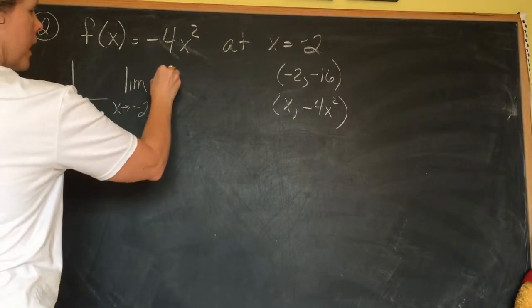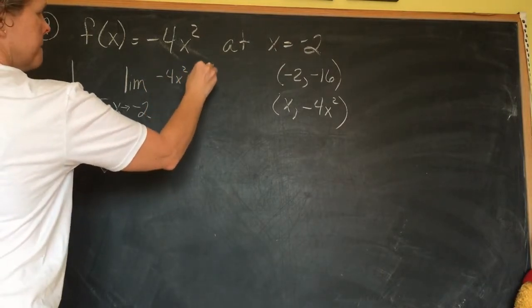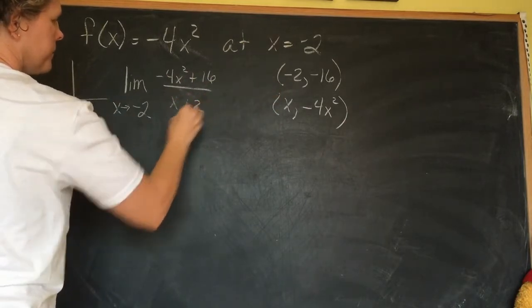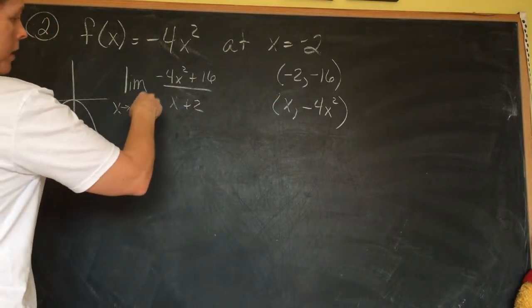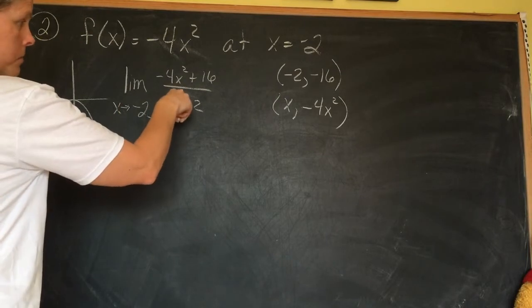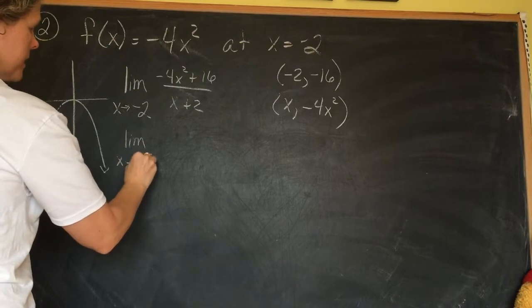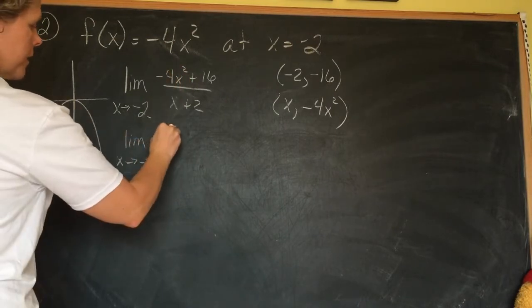All right, so let's go through now and do the slope of that. So y minus y1 over x minus x1. If I plug -2 in, I get 0. So I'm going to have to play around with that for a little bit. Always rewriting that limit statement. So I'm going to take out a -4.